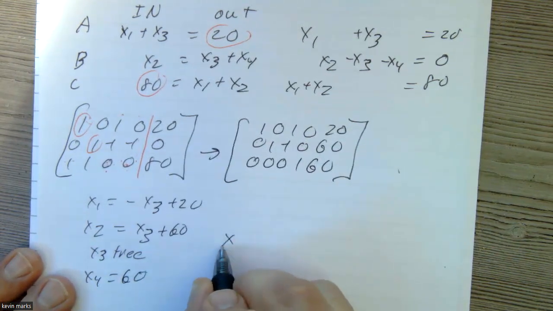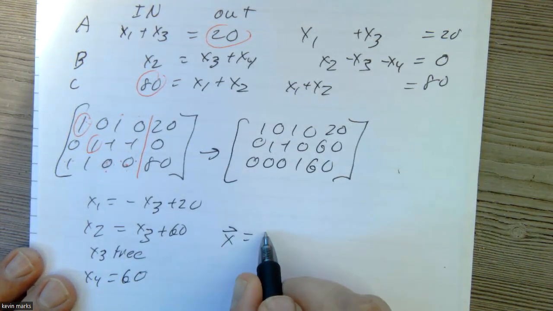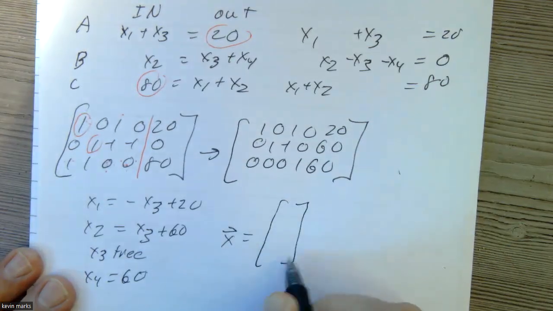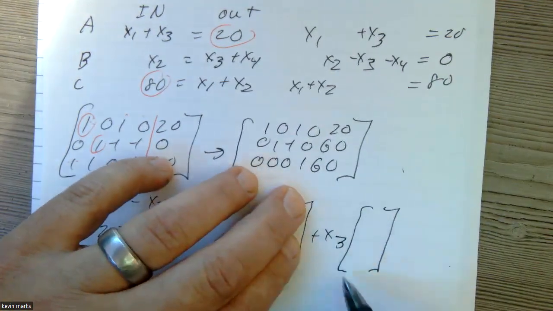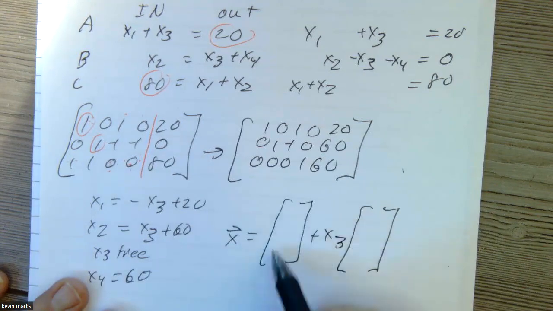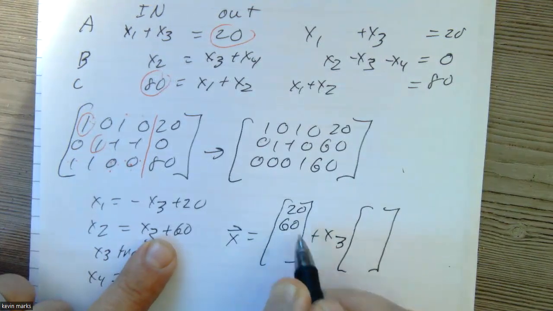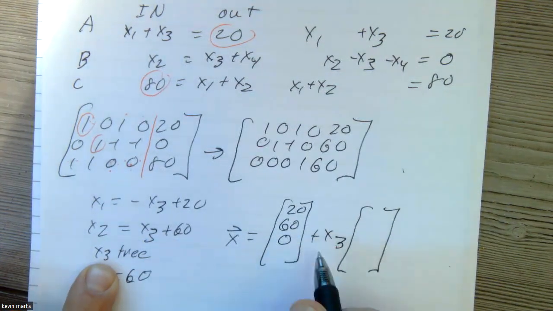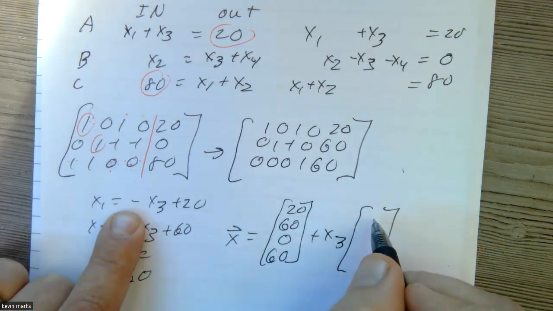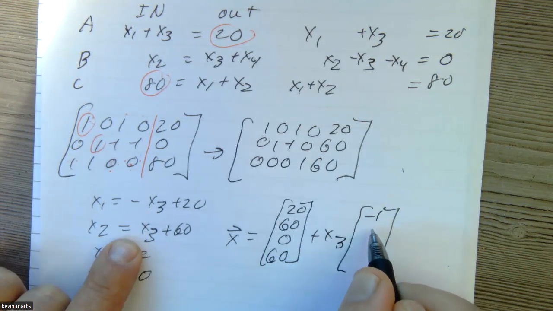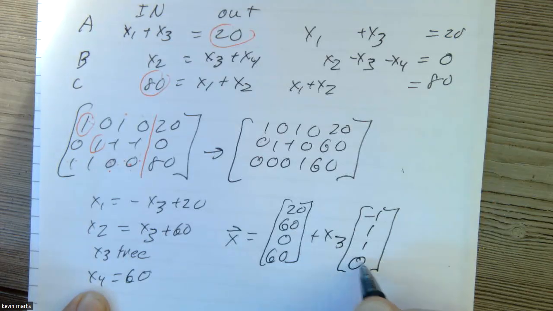So your general solution here, your x vector, you can think of it as there's the constant part plus the variable part. This would have been the solution of the homogeneous part, and this is adjusting for it since it's got a constant. So x1's got a constant of 20, x2's got a constant of 60, x3 is a free variable, so it's got nothing there, and then x4 is exactly 60, okay? Now x1 needs -1 of x3, x2 needs 1 of x3, and x3 clearly needs itself, and x4 does not need any of x3.